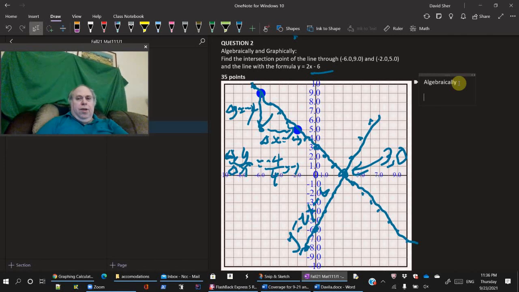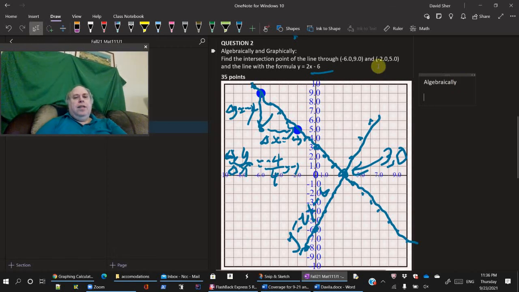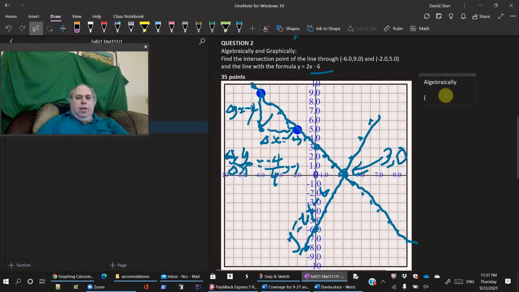Now let's do the algebra, and it should lead me to the same place. First of all, I'm going to find the formula for the line through negative 6, 9 and negative 2, 5. So I start with the slope algebraically, and I don't write the slope formula down again because we've just seen it in question 1.